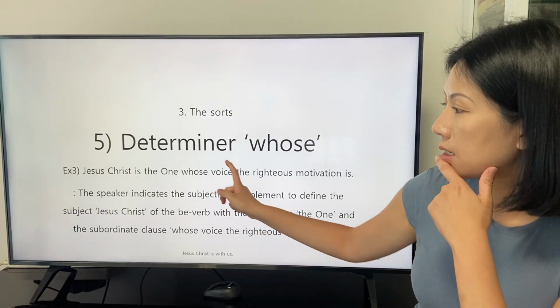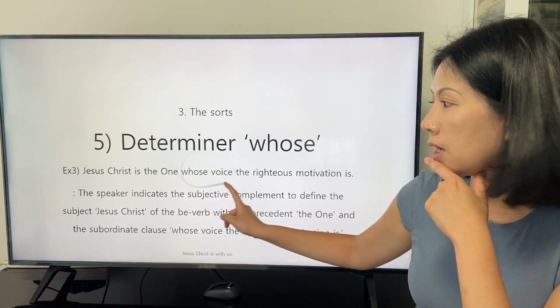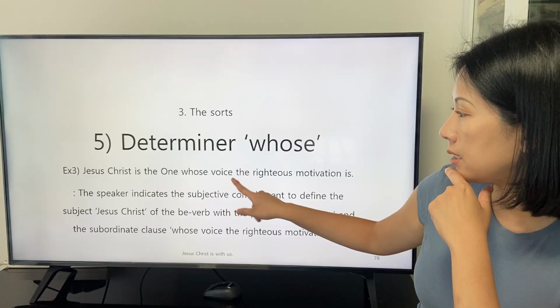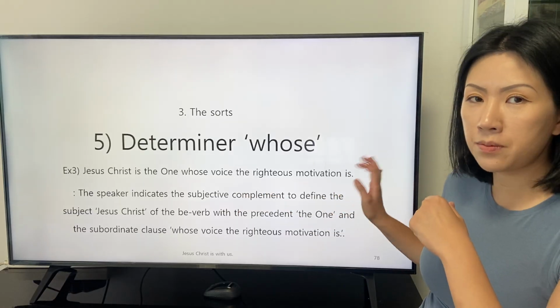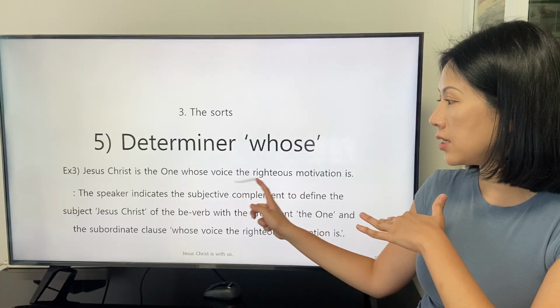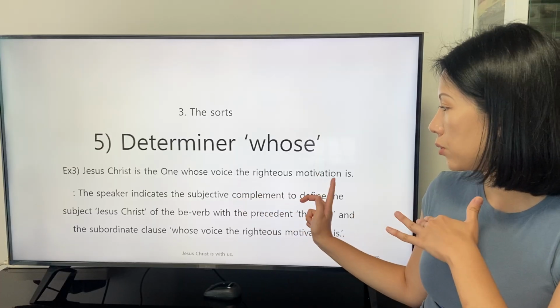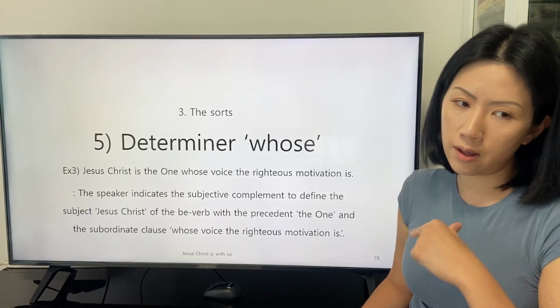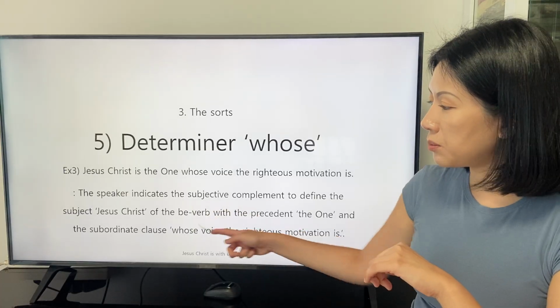Because we find that this phrase of the general noun, whose voice, is the subjective complement in the subordinate clause. The subject of the clause is the righteous motivation. Let's read the explanation together.